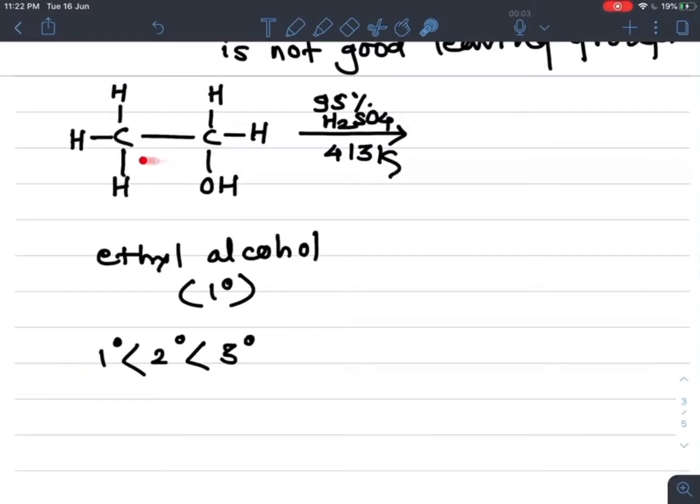See here, this H2O is replaced, then we get CH2=CH2. So a 2-carbon alkene is formed with removal of a water molecule. So this is about the primary alcohol when treated with concentrated H2SO4 as a dehydrating agent at this temperature.